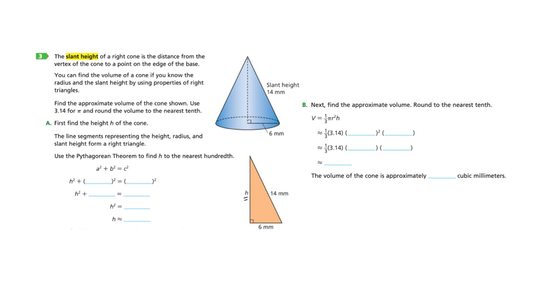So you have h squared plus 6 squared, the other leg here, equals 14 squared, which is the hypotenuse, or the longest side. So h squared plus 36 equals 196. 14 squared is 196. We subtract 36 from both sides and we end up with h squared equals 160. So we know that h equals approximately 12.65.